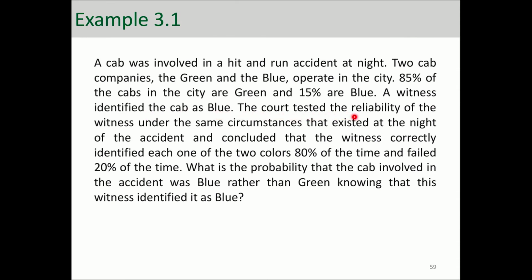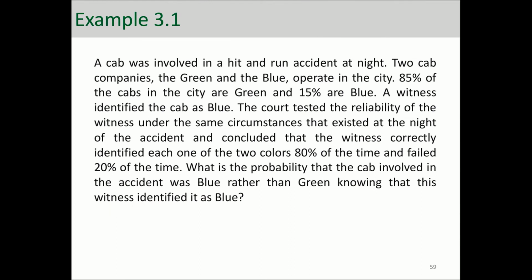The court tested the reliability of the witness under the same circumstances that existed on the night of the accident and concluded that the witness correctly identified each one of the two colors 80% of the time and failed 20% of the time. What is the probability that the cab involved in the accident was blue rather than green, knowing that this witness identified it as blue?